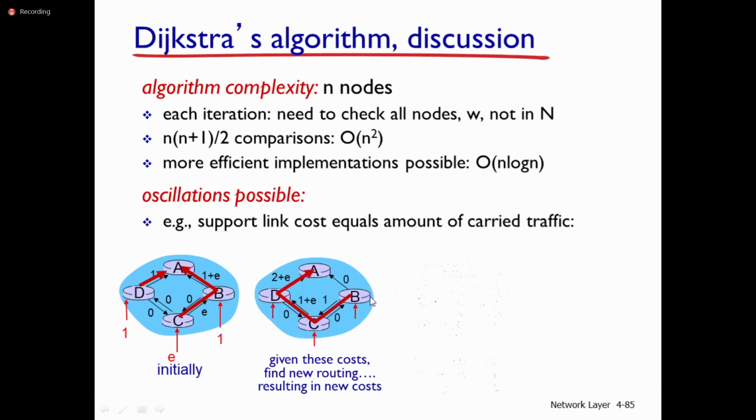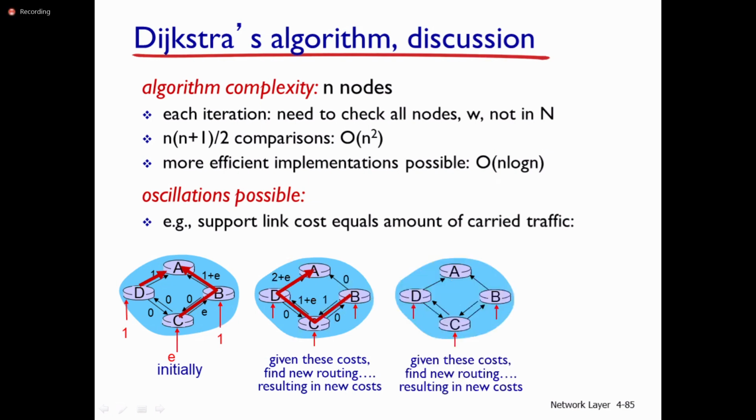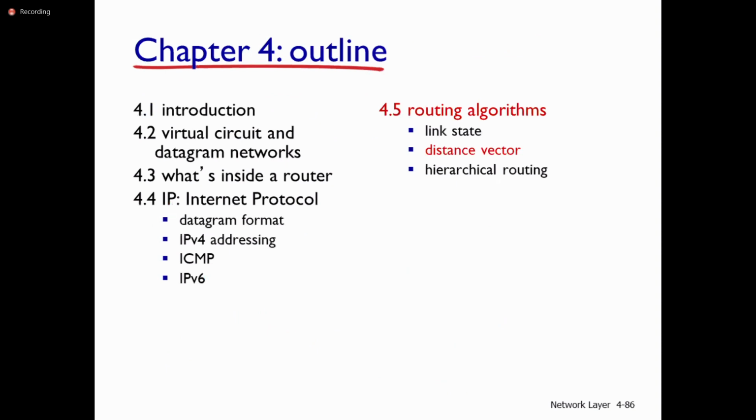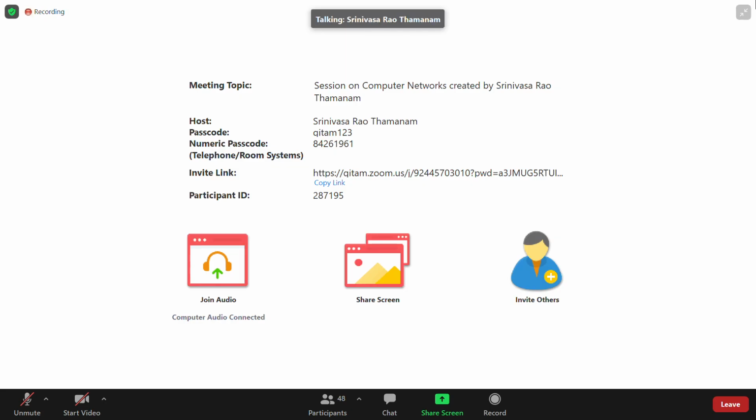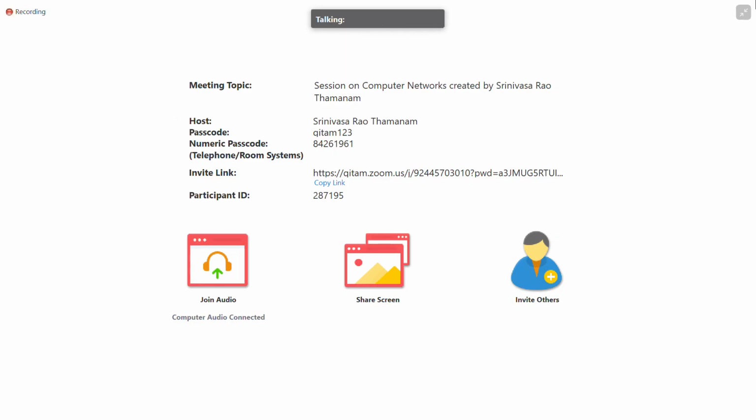I'll explain oscillations in our next class, don't worry. I'll share 1 or 2 examples on the link state routing algorithm. You finish them and submit. Then we'll see distance vector routing algorithms in our next class. Okay, is it clear? See you in our next class.